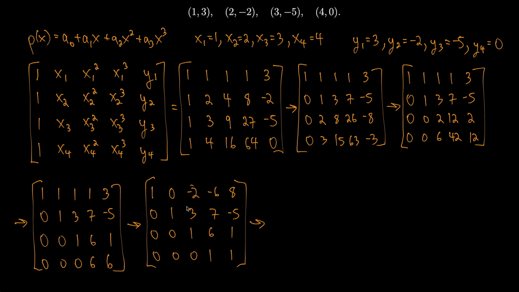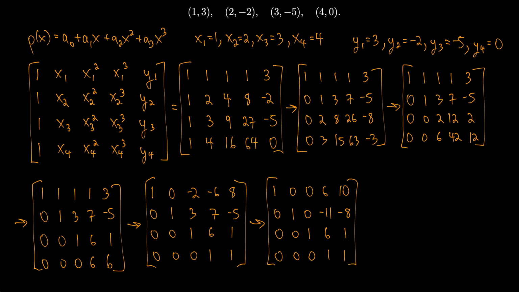Okay, how about we get zeros over here now? So I'll subtract multiples of my third row. So I get 1, 0, 0, 6, 10, 0, 1, 0, negative 11, negative 8, 0, 0, 1, 6, 1, and 0, 0, 0, 1, 1.